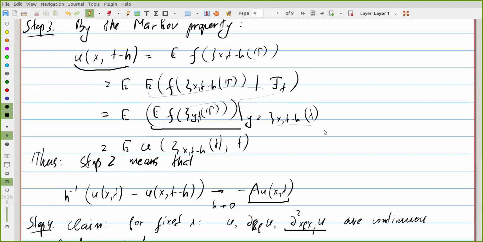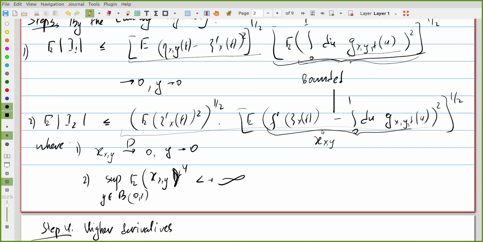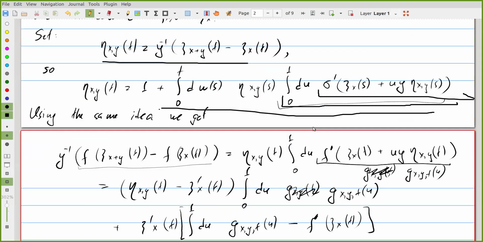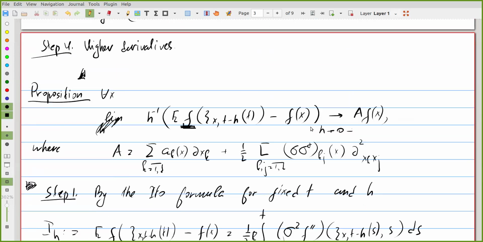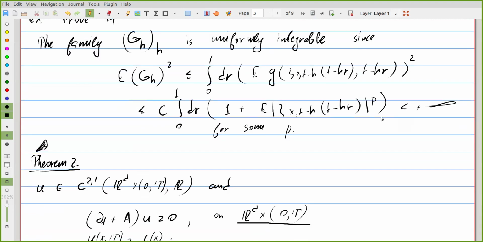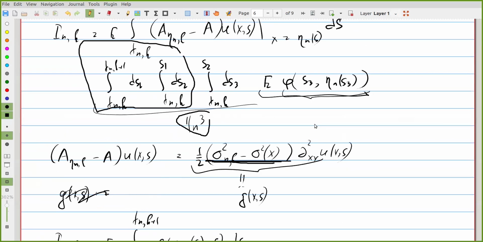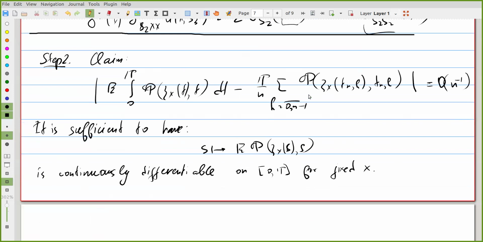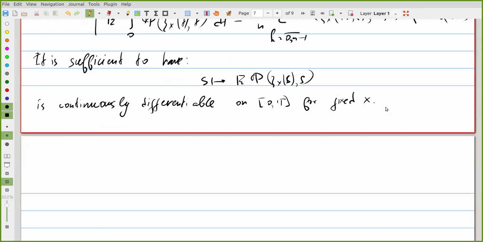Here in this proposition you will get not only A, but also the part that consists of time derivative. But overall, it's pretty much the same calculation with the same idea, so we are not going to do it. And if we have a continuously differentiable function, it's very easy and almost immediate to see this holds.